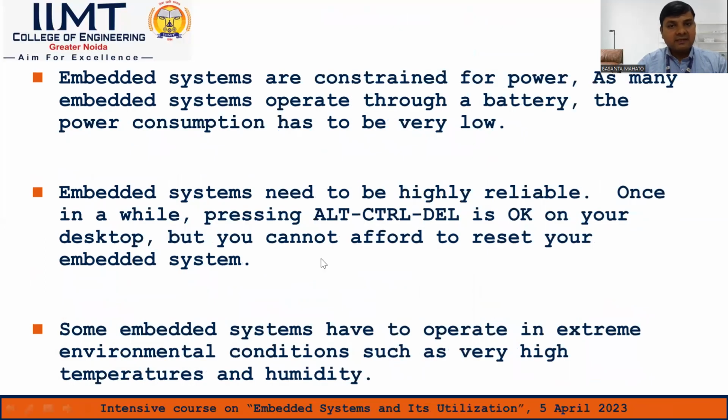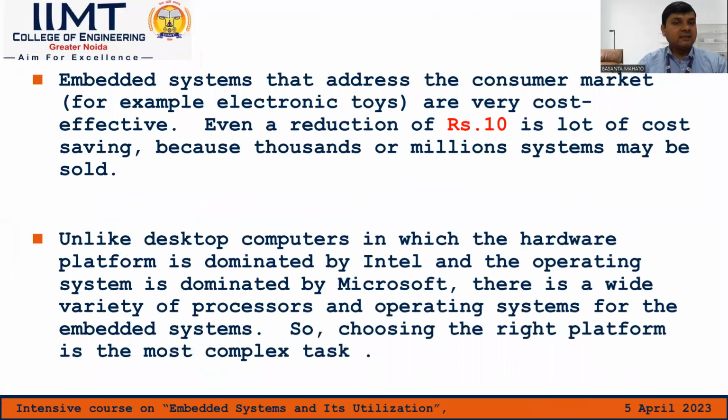Here you see, embedded systems are constrained for power. Embedded systems need to be highly reliable. Some embedded systems have to operate in extreme environment conditions, so these are to be taken care of. For embedded systems that address the consumer market, the cost is also to be taken care of.